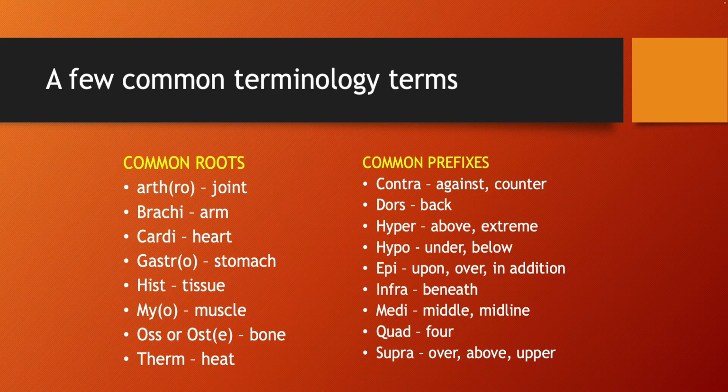Then we have epi. This is upon, over, or in addition to. An example I have here is epidermis. So you have your dermis layer of your skin. Epi is over it. Your epidermis is just your regular skin. Infra means beneath.